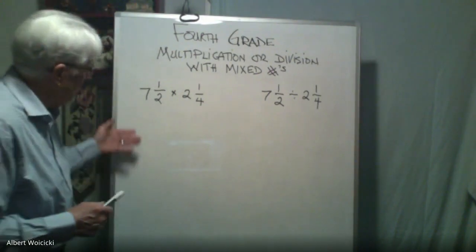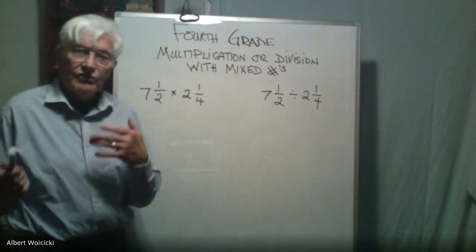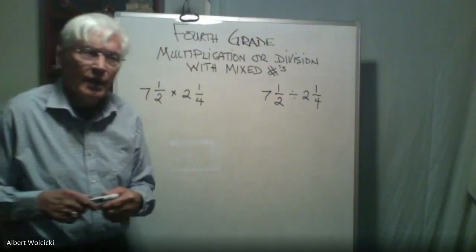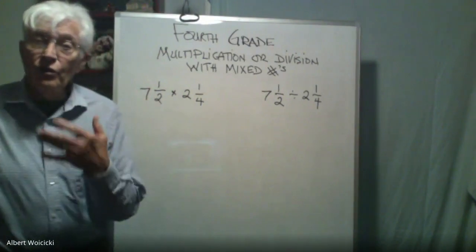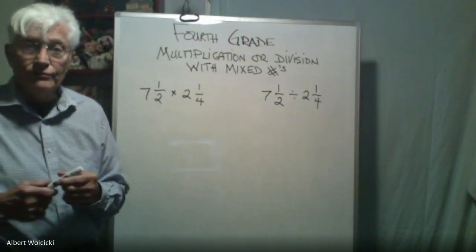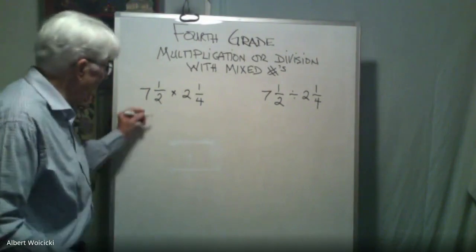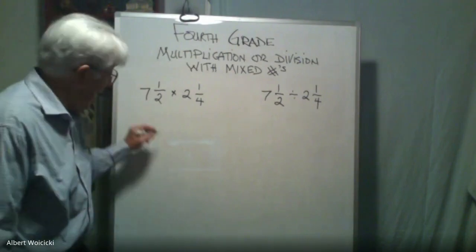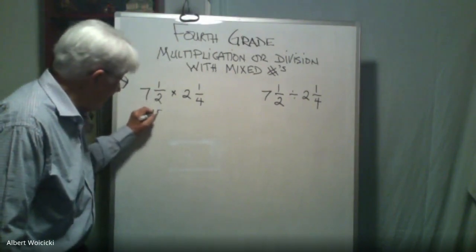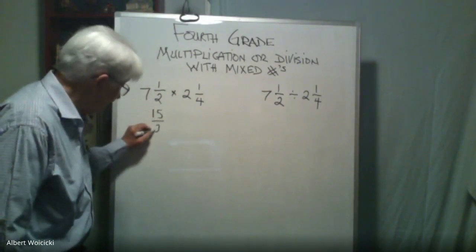You're going to be talking to your students about this over and over again. How to change 7 1/2 to a pure fraction. And you're going to talk to them about multiplying 2 times 7 and adding 1, and, of course, coming up with 15 over 2.